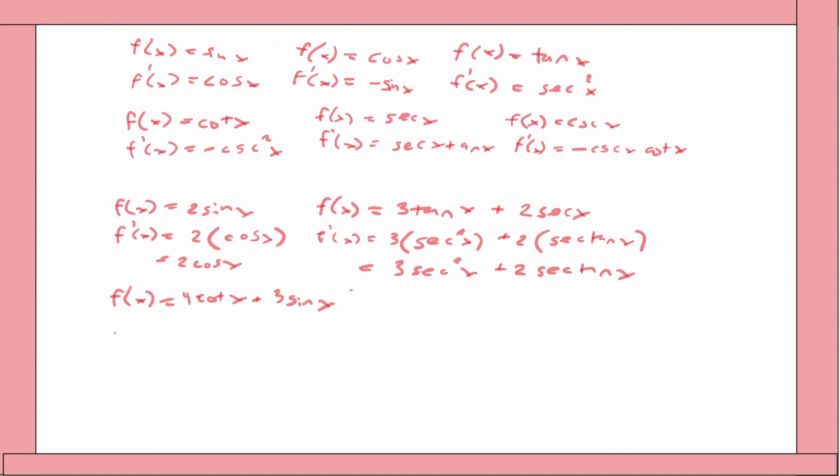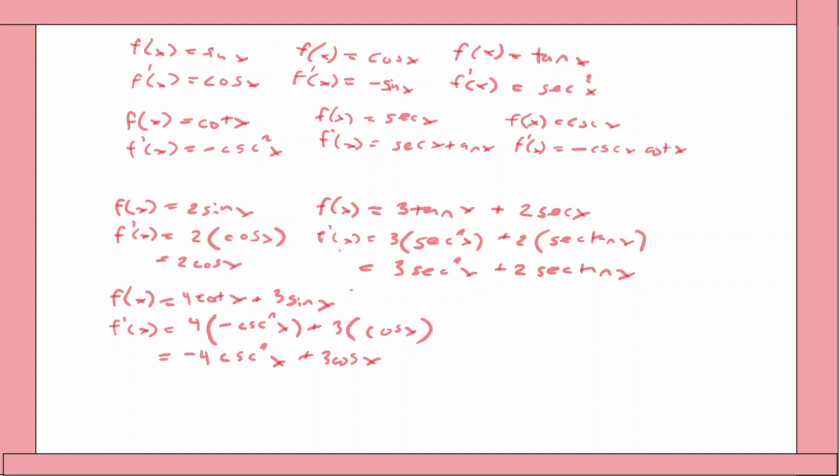So if we wanted to find f prime, just like before, we would carry the constant, so 4, and we know that cotangent's derivative is negative cosecant squared of x, and we know that sine's derivative is cosine, so 3 cosine of x. Next, we would just carry the negative, so if anyone gives you a negative, we just have to carry that over. So negative 4 cosecant squared of x plus 3 cosine of x.